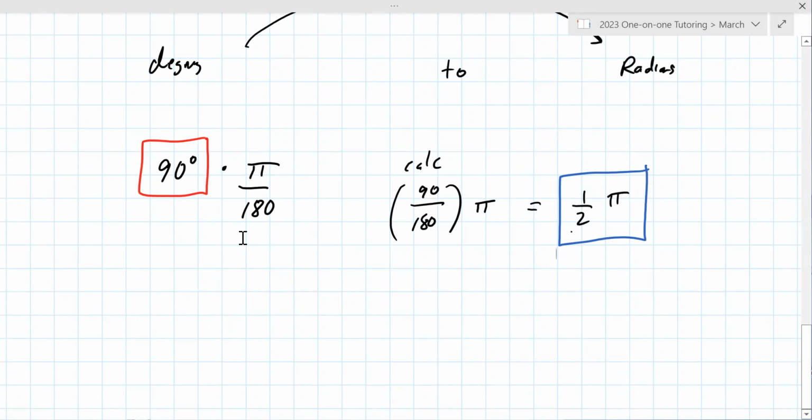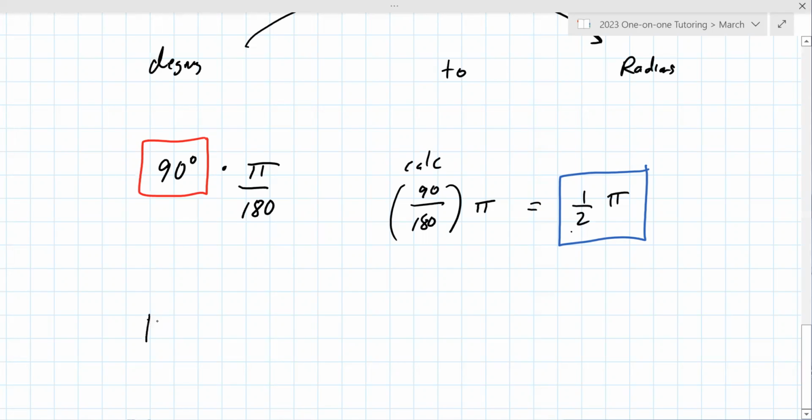Whatever the number is for the degrees, I multiply it by pi over 180, which is the formula. I put the number I have, divide by 180, pi, and that's radians.